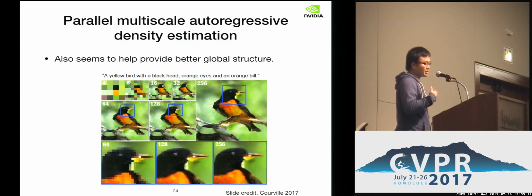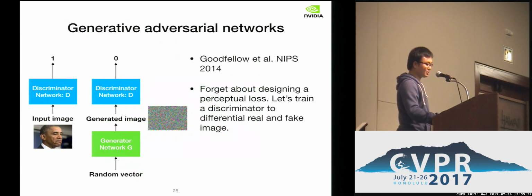And this multi-scale approach also helps to provide better global structure. So here you can see the bird, you can generate high resolution images, and it will capture the shape of the head of the bird.